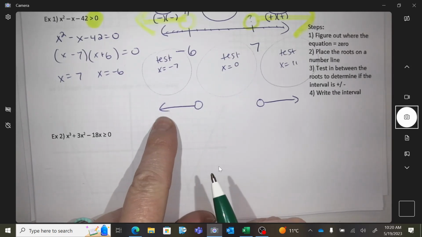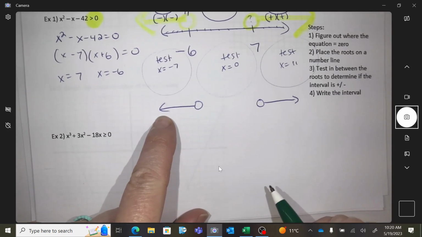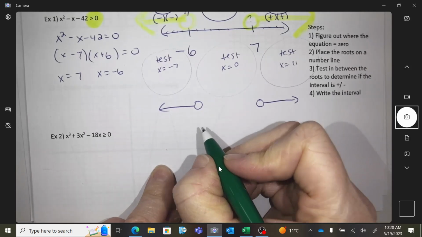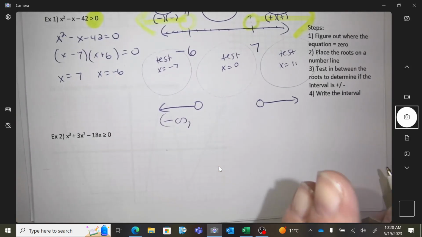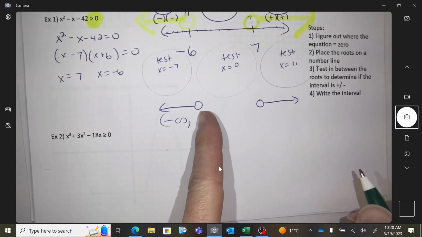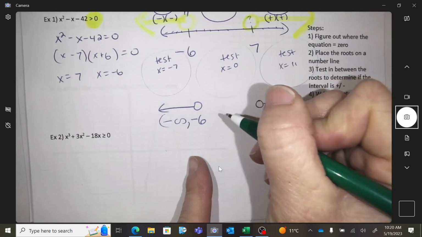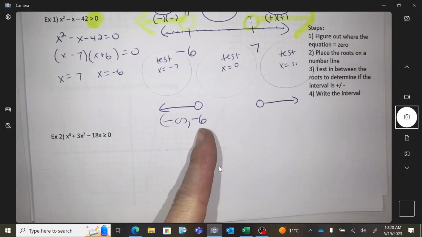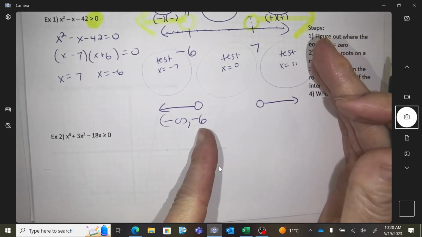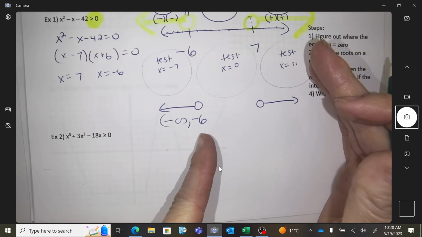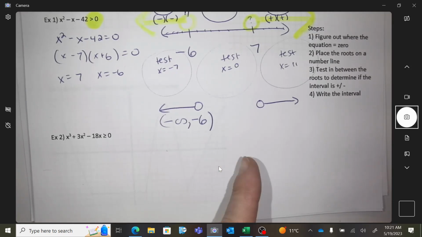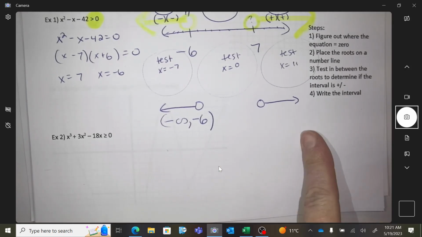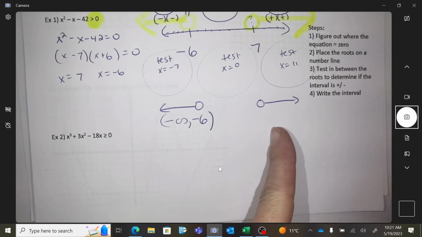So where is this heading in a left sense? Negative infinity up to what X value did I get here to? Negative 6. So because I can't hit negative 6, I have to put a certain type of bracket. Soft bracket. Do you remember that in grade 10 then?